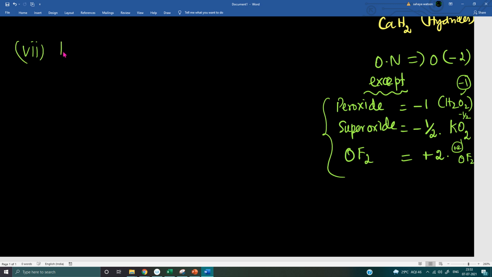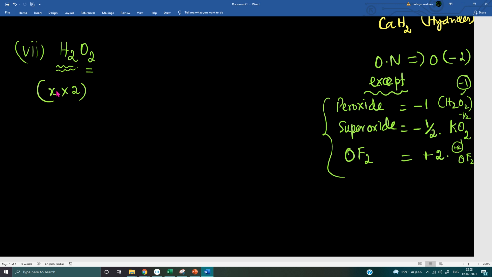First let me take hydrogen peroxide. So peroxide means it ends with 2. Here I am going to find out the oxidation number for hydrogen. Already we know oxidation number for hydrogen is +1. It's okay. Let me find out.